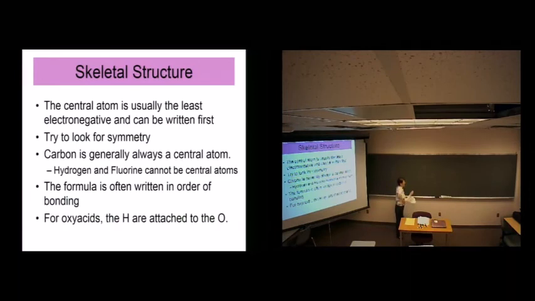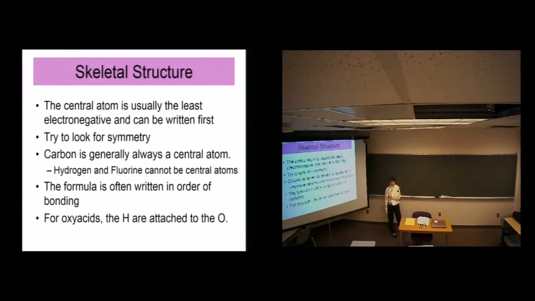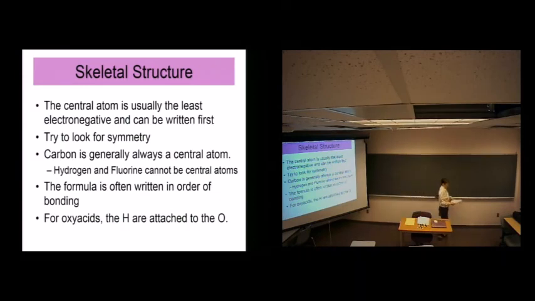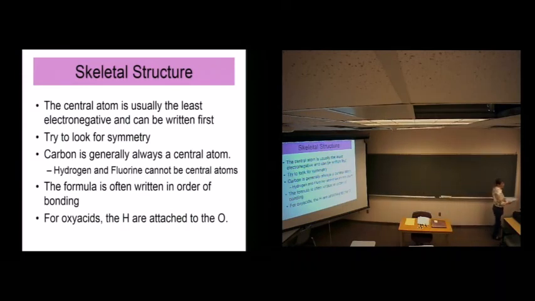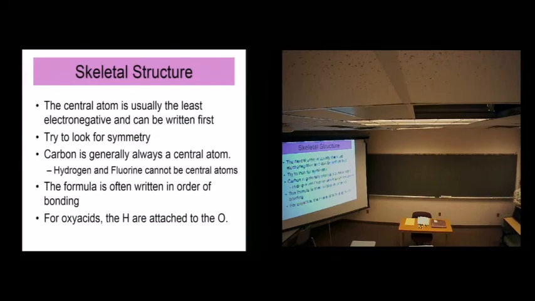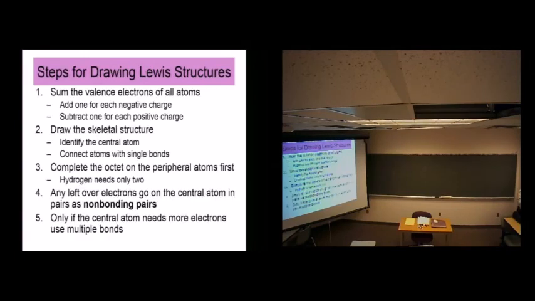The hydrogens are out here attached to each oxygen. They won't be attached to the central atom. They're going to be attached to the oxygens. And that's the skeletal structure for an oxyacid. All right, make sense?